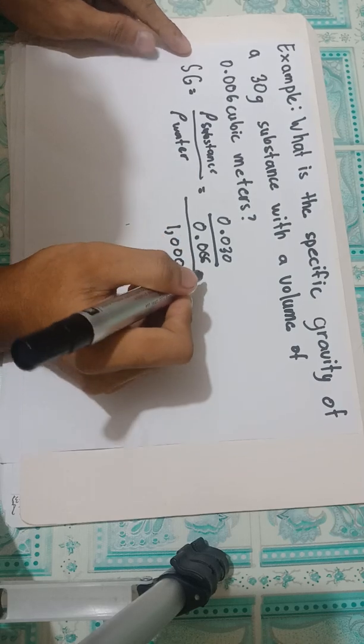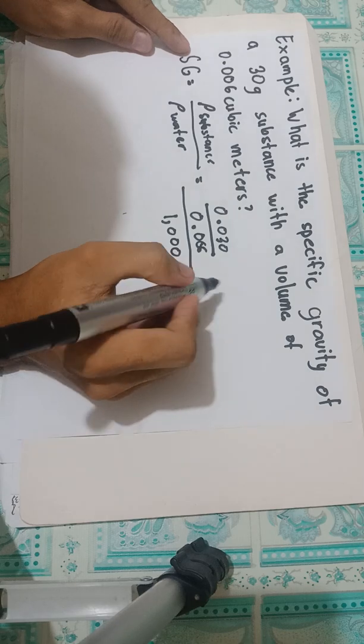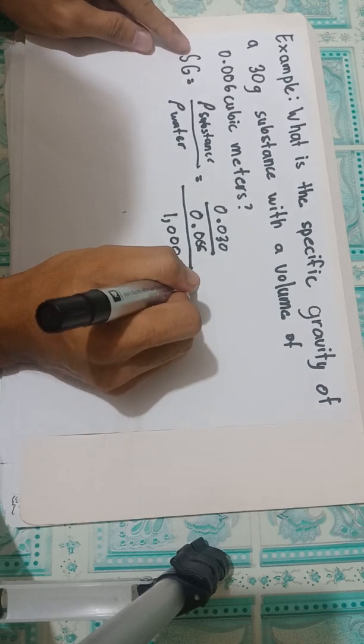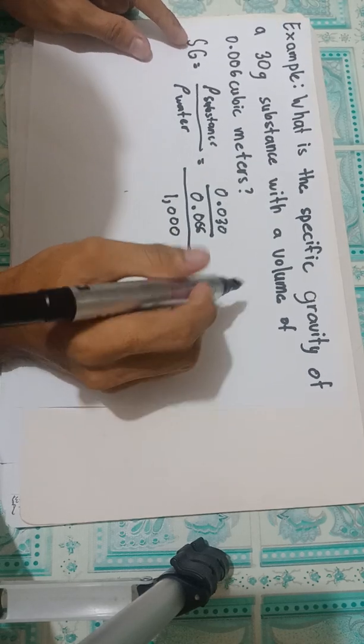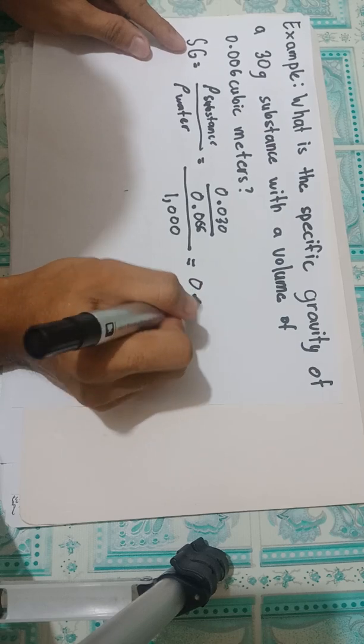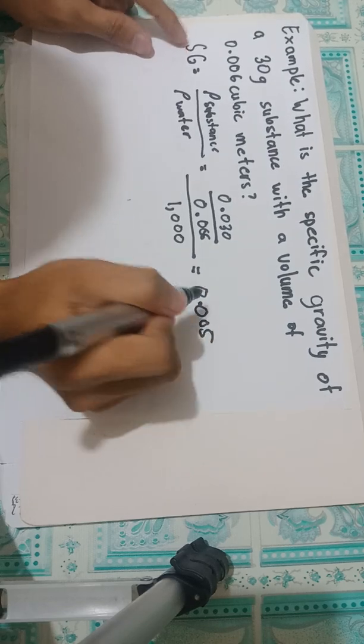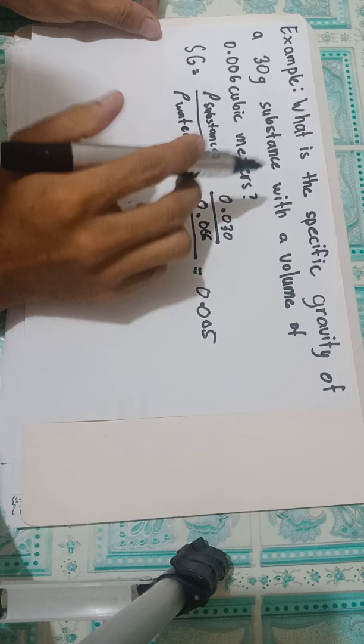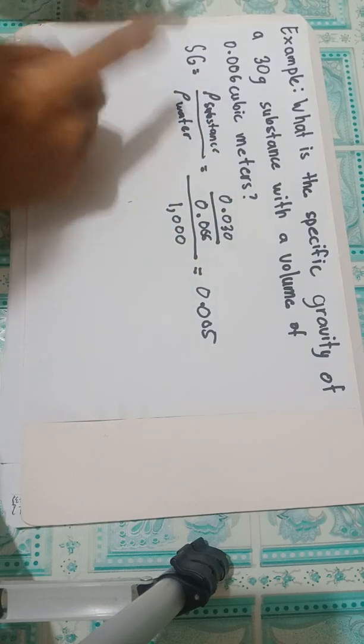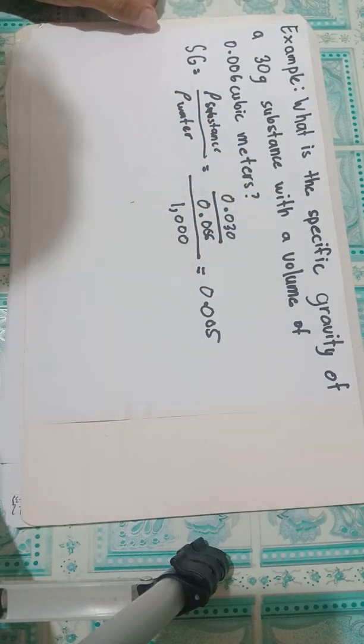This is 1000. And if we calculate this in our calculator, this should be equal to 0.005. That is our specific gravity for this substance in the given problem.